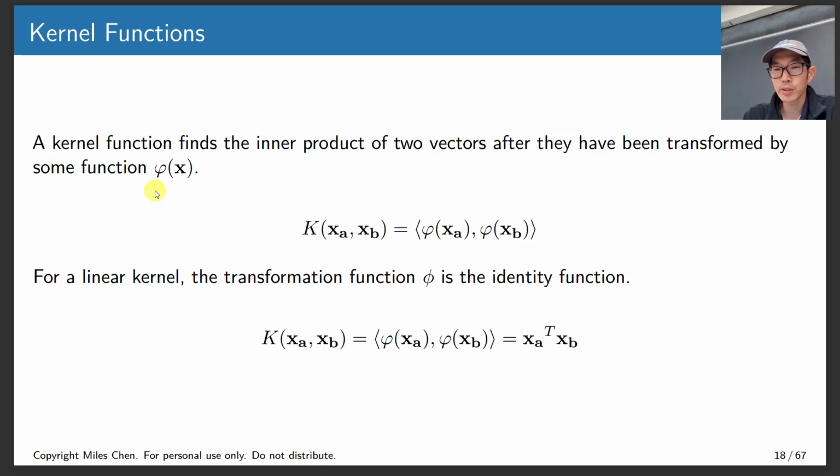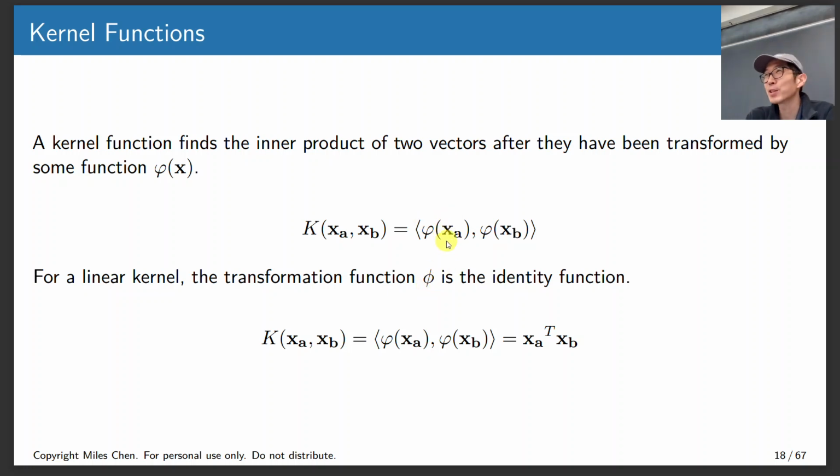So if we have vector xa and vector xb, we can apply a transformation function phi. My LaTeX did something: these are supposed to be the same symbol, but this is the cursive version and this is the non-cursive version of phi.